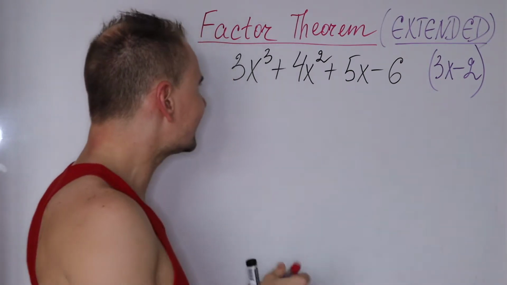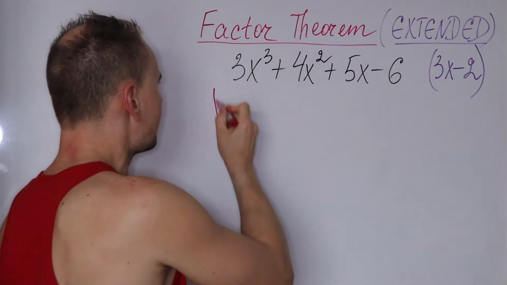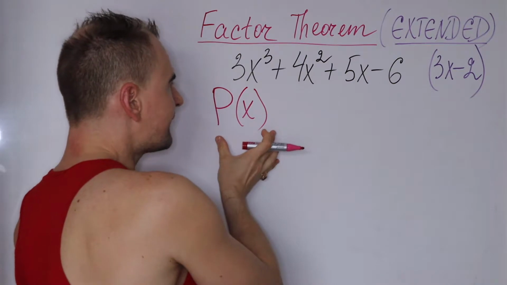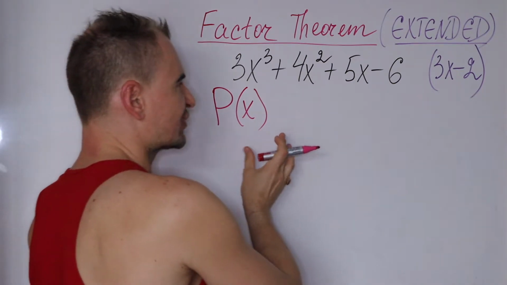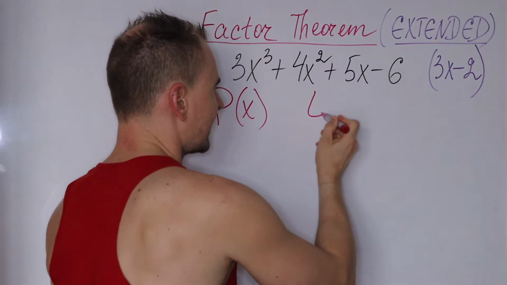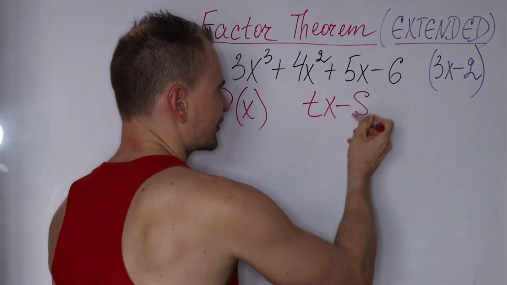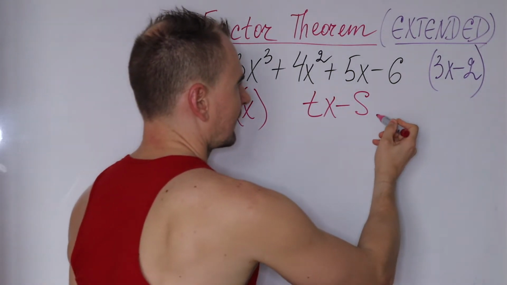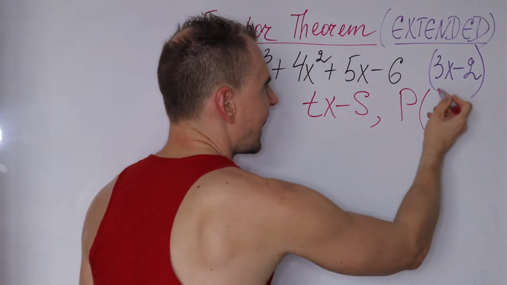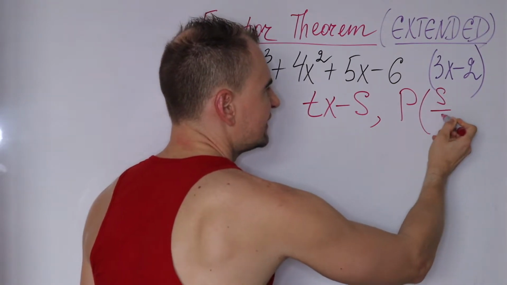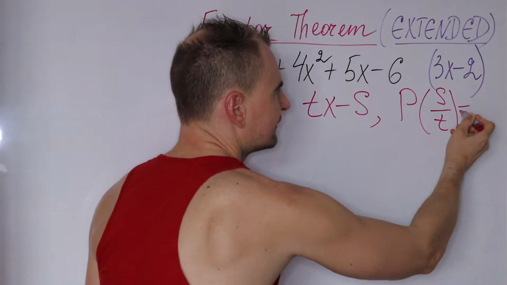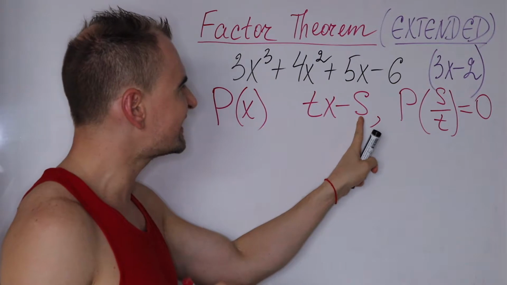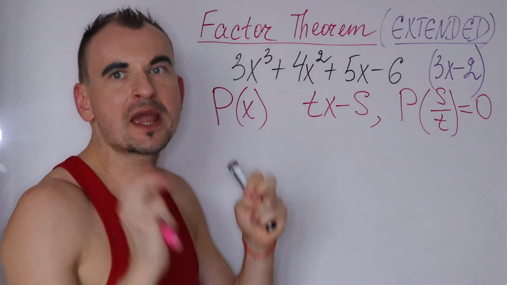All it says, generally speaking, is that if you are given the polynomial, let's call it P of x, and this polynomial P of x has the monomial tx minus s as a factor, then P of s over t equals 0.